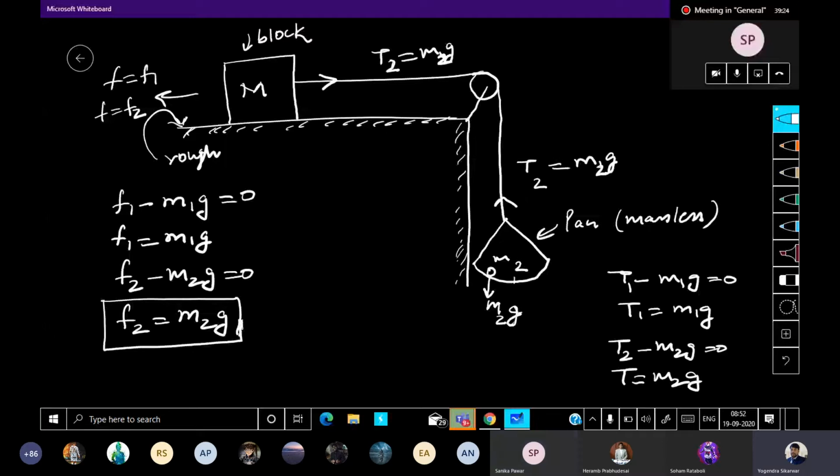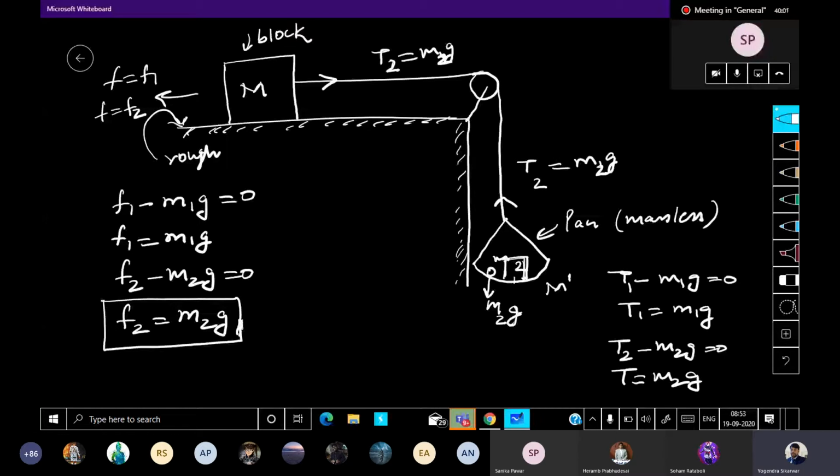So what is happening, as we are increasing the mass in the pan, the value of friction is also changing. It will keep on changing up to a certain value. So suppose if mass becomes much greater, let's say m dash, and then the pan starts moving, that means up to that extent the block will remain at rest.